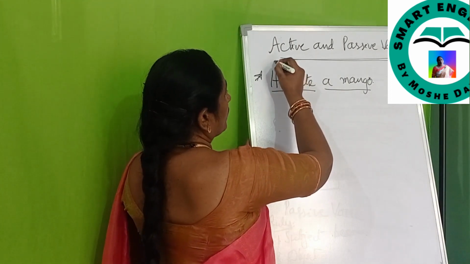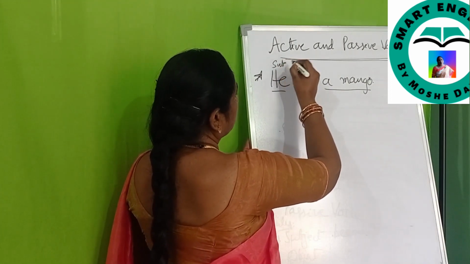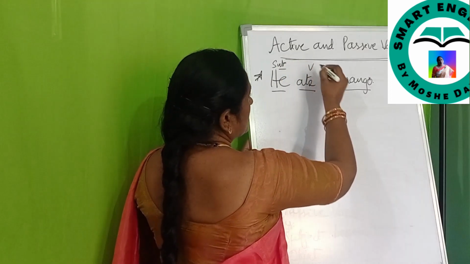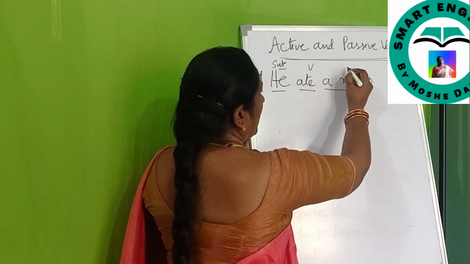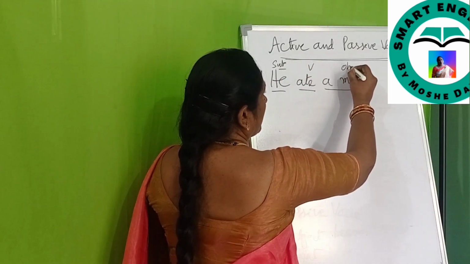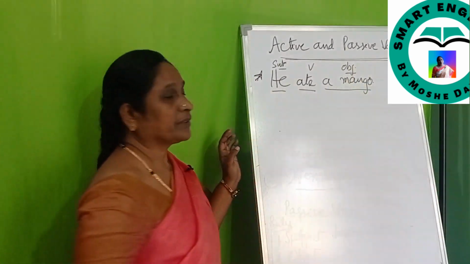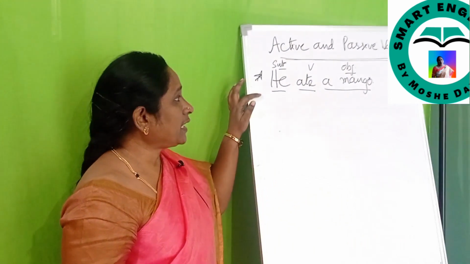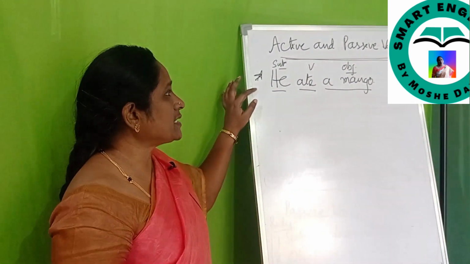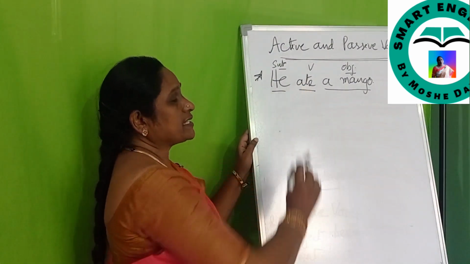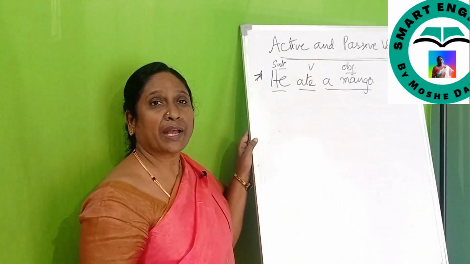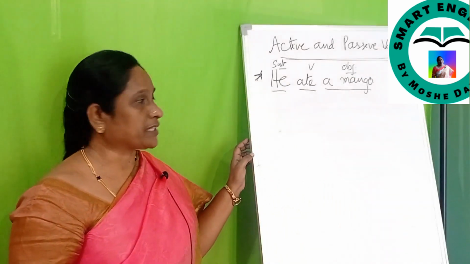He is the subject, ate is the verb, and a mango is the object. Is it clear?